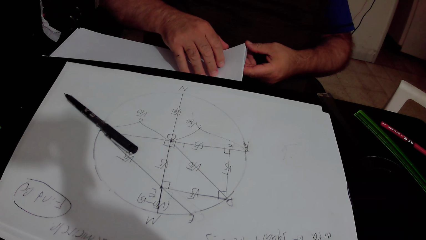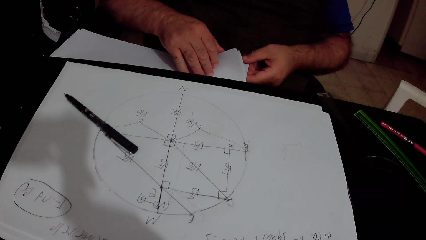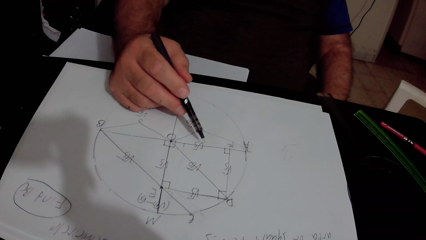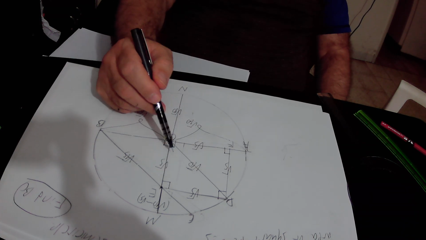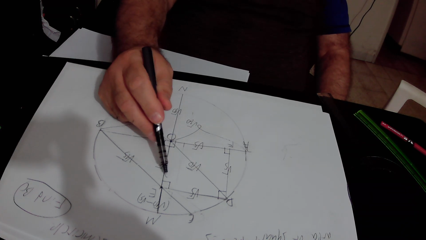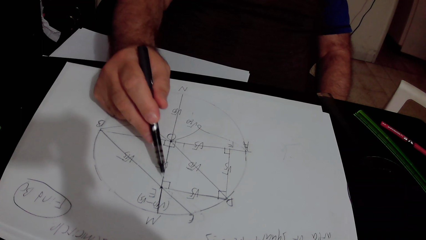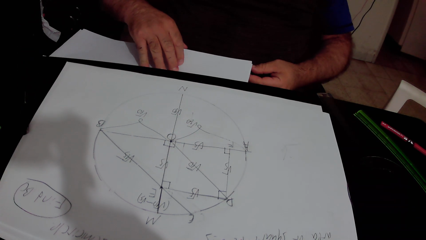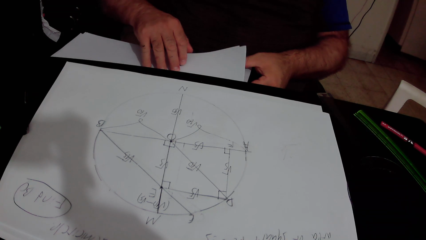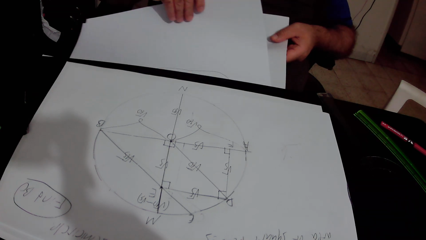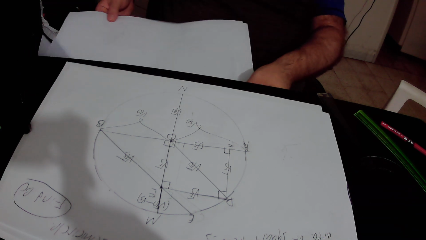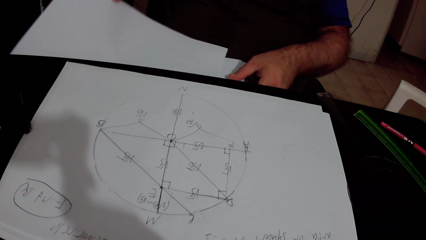Okay, so first of all, we know that all the angles inside square DEFO are right angles. So all those 4 angles are right angles. And you know that the area of any square is equal to the side squared.